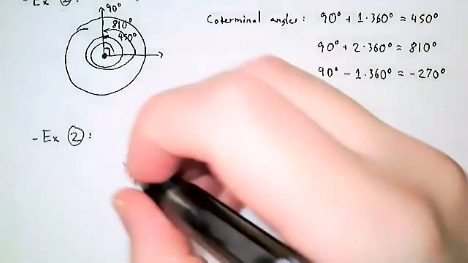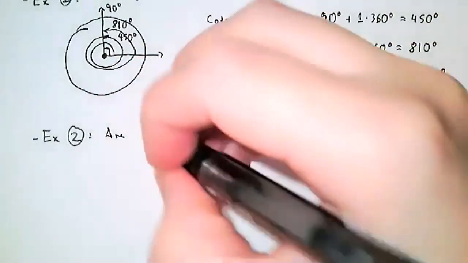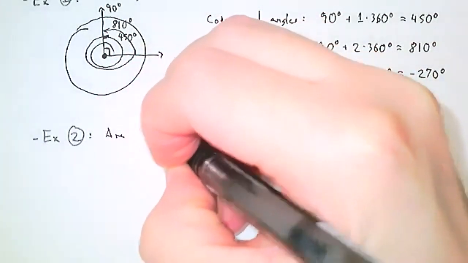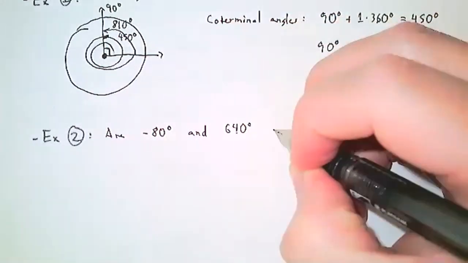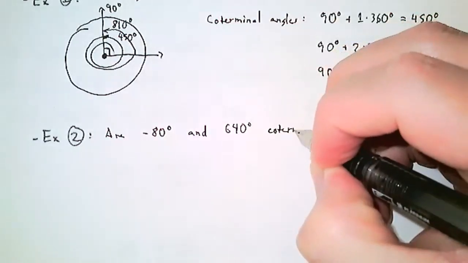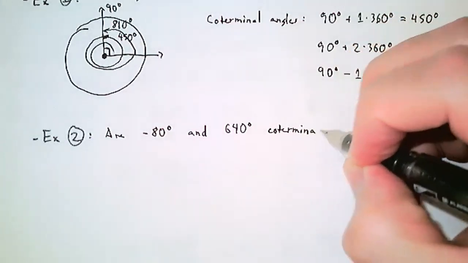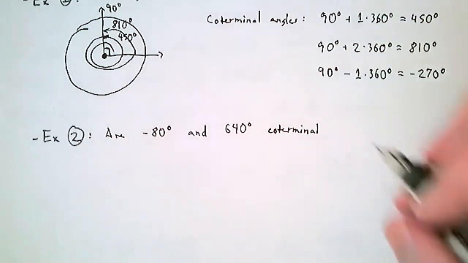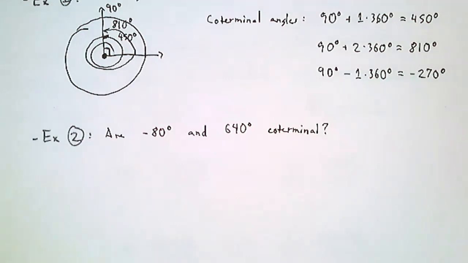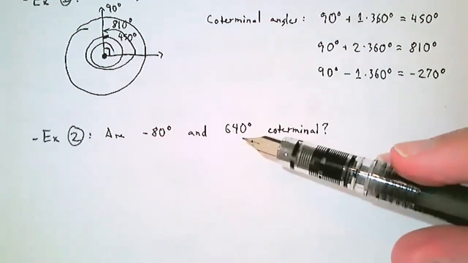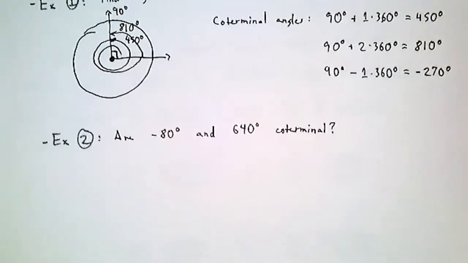Okay, so here is a question for our next example. Are negative 80 degrees and 640 degrees coterminal? So what I'm asking is, are they really the same angle in disguise? Have they really just gone around the circle a couple more times? So you could try to draw these angles, but I think you would run into some challenges trying to draw 640 degrees freehand.